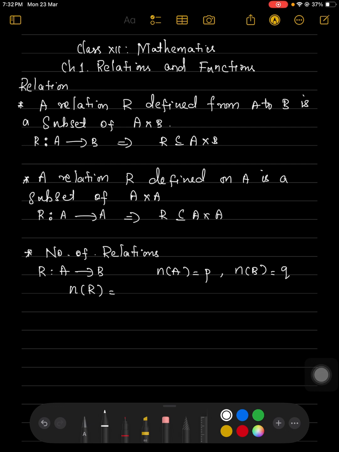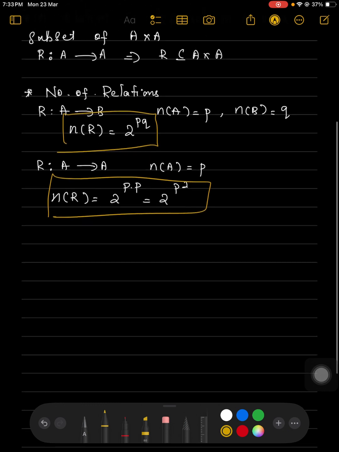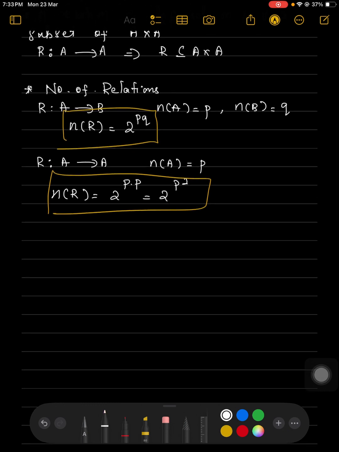The number of relations will be 2 raised to PQ. If it is a relation from A to A itself, having P elements in set A, then how do we write the number of relations? The number of relations will be 2 raised to P into P, or 2 raised to P square. These two are very important results. Please note them.